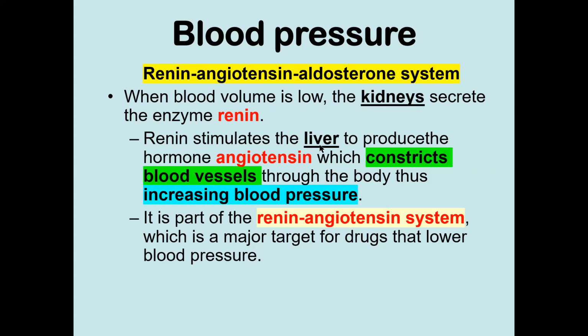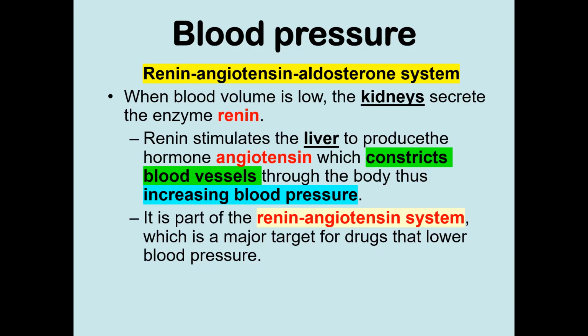And what the renin does, it stimulates the liver to produce a hormone called angiotensin. And this angiotensin goes around and constricts the arteries. And by the constriction, it increases the blood pressure so that the heart can work properly, and the brain also. And it's part of this system which the medical fraternity targets to lower blood pressure.